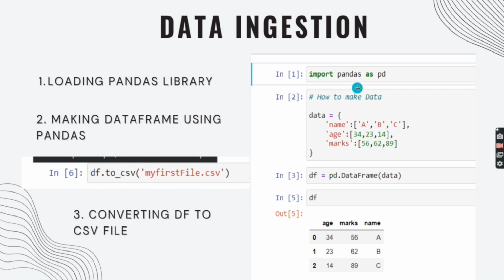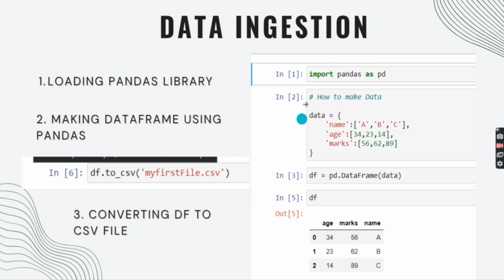Firstly, we import pandas: import pandas as pd. Normally in so many big projects, we use pd as the short form of pandas, as it takes so many letters to write out the long form.